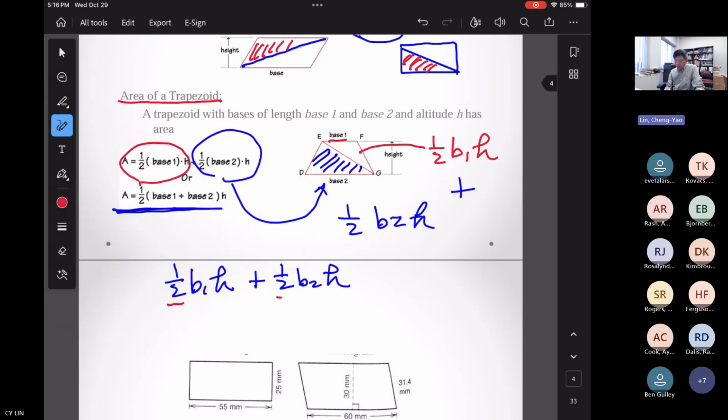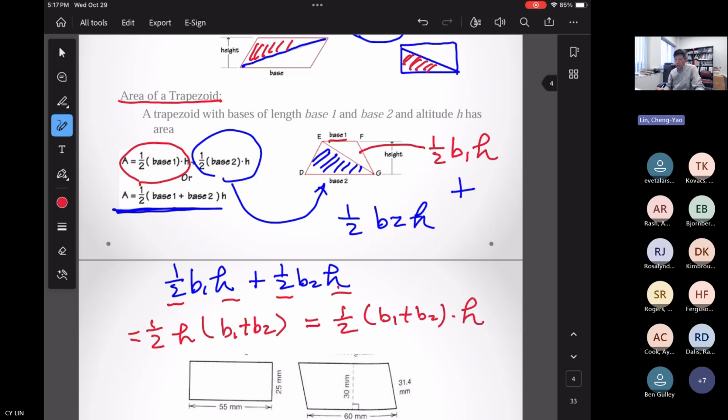Factor 1/2, factor h, right? So once you factor, you take it right here, and what's left over is B1 plus B2. In other words, we can say 1/2 times (B1 plus B2) times height. That's why, okay?